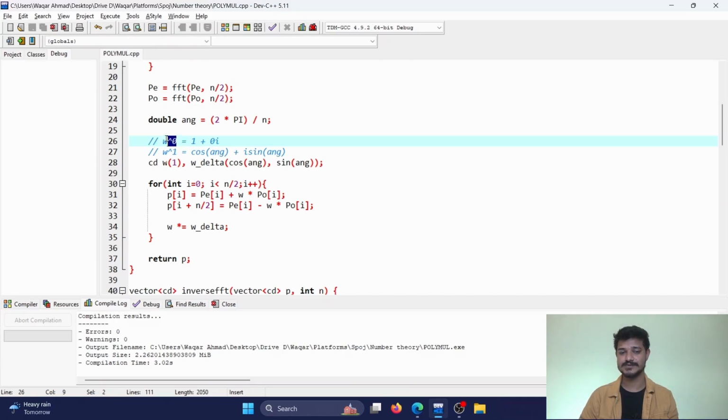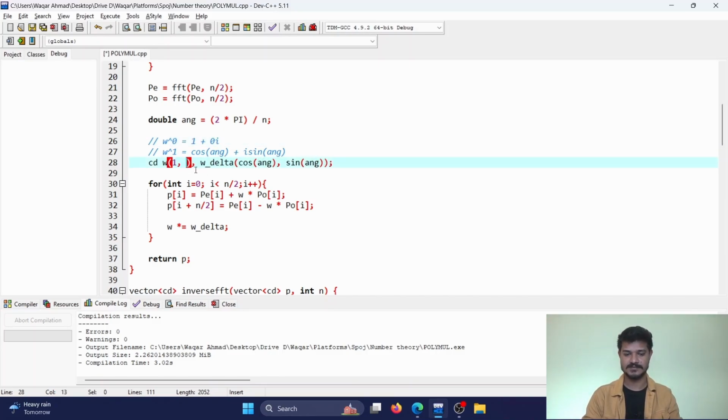The very first root of unity is w raised to power 0, which is nothing but 1 plus 0i, right? You can directly define complex number w1. w1 means the real part is 1 and the imaginary part is 0. You pass the real part, and since we are not passing the imaginary part, it will be 1 plus 0i.